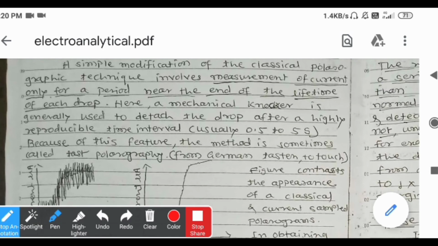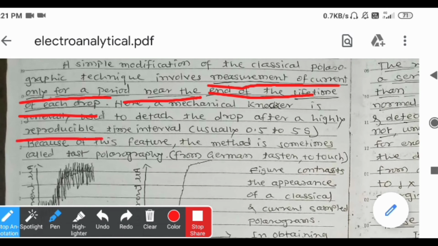That is, the measurement of current only for a short period of time at the end of the lifetime of the drop. Here a mechanical knocker is generally used, which gives a reproducible time interval, usually around 0.5 to 5 seconds, and due to this knocker the drop automatically falls off at a particular time interval.